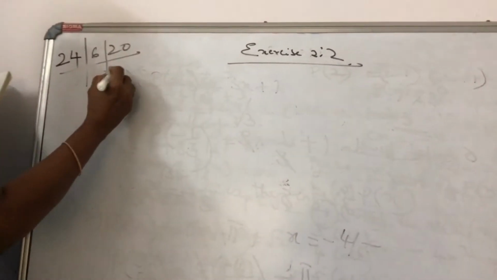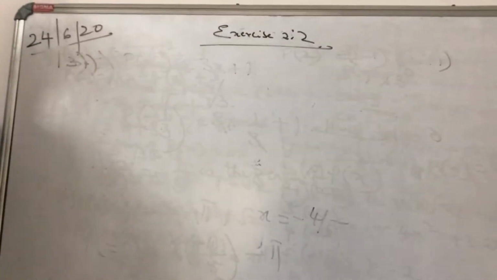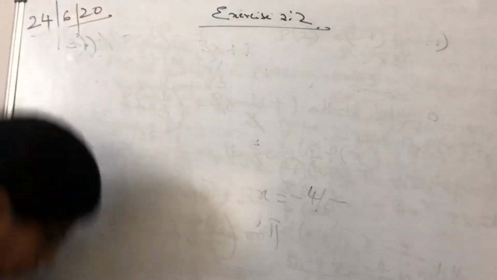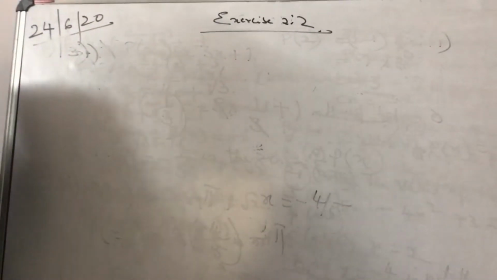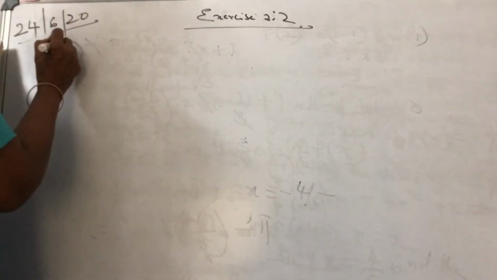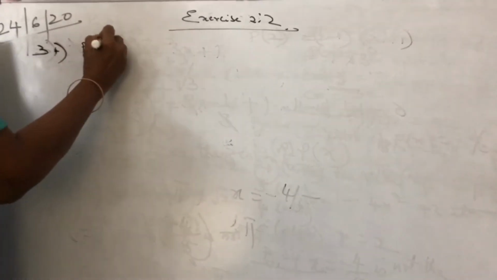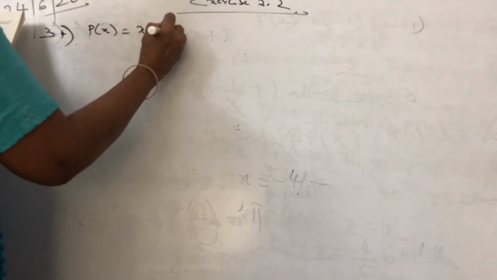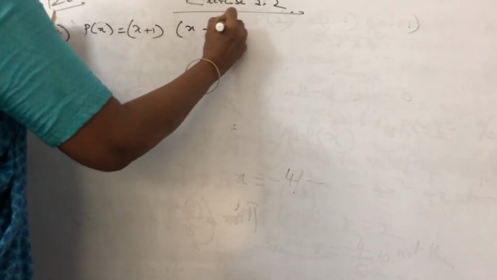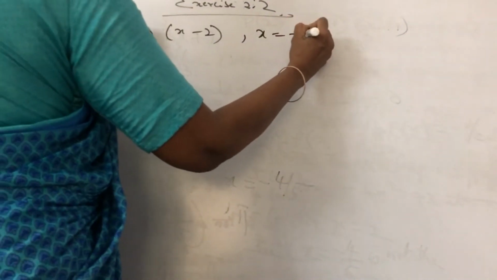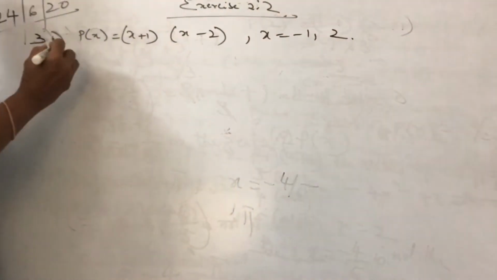Third sum, fourth bit. P of x is equal to x plus 1 into x minus 2, where x is equal to minus 1 comma 2.